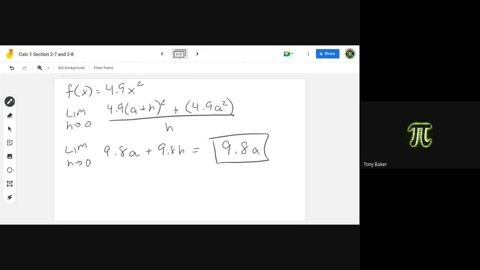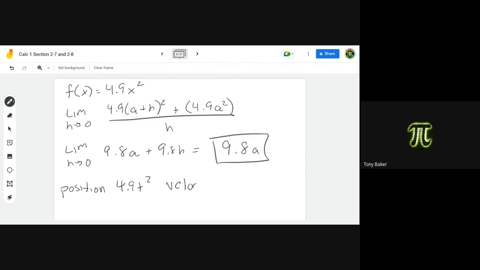What's 9.8? Well, speed of gravity. As you're falling, gravity is pulling at you at 9.8 meters per second. It is accelerating you at 9.8 meters per second. That is changing your velocity by 9.8 meters per second. That's where that came from. So your position is the 4.9t squared.